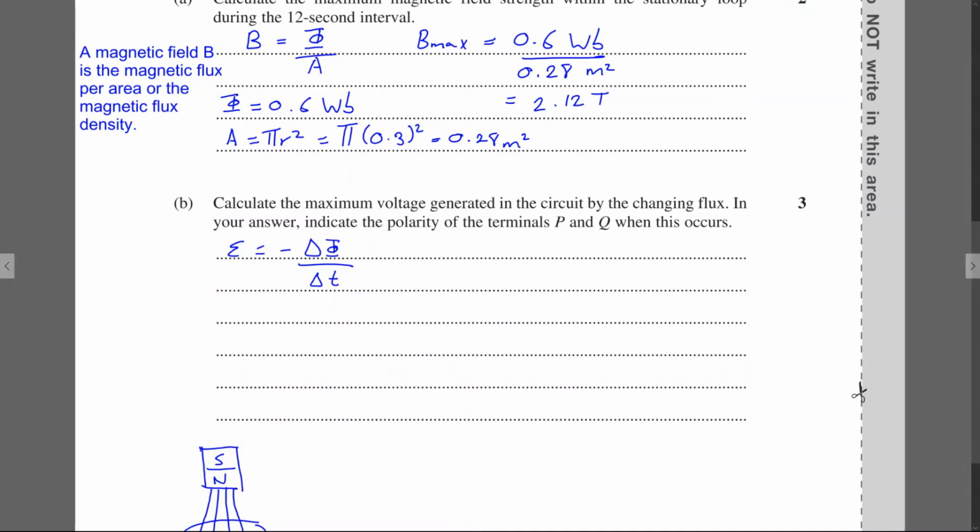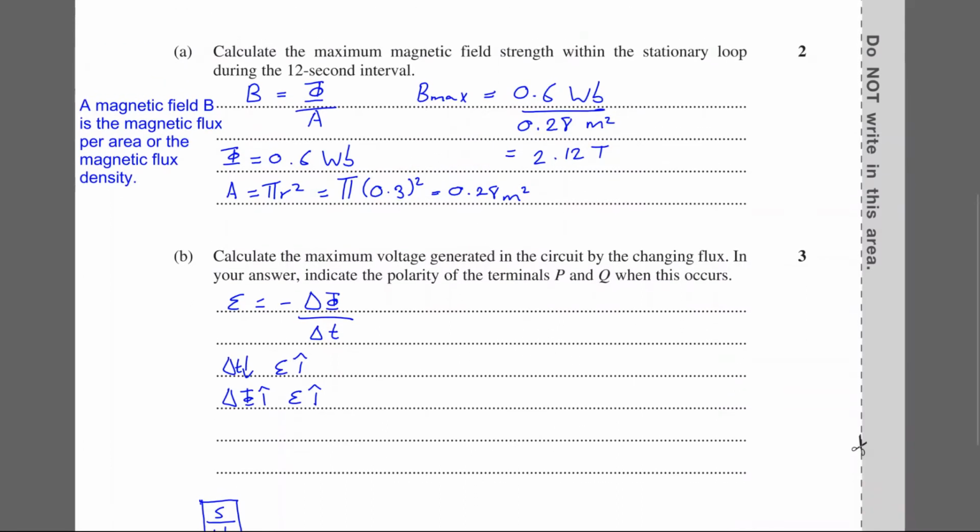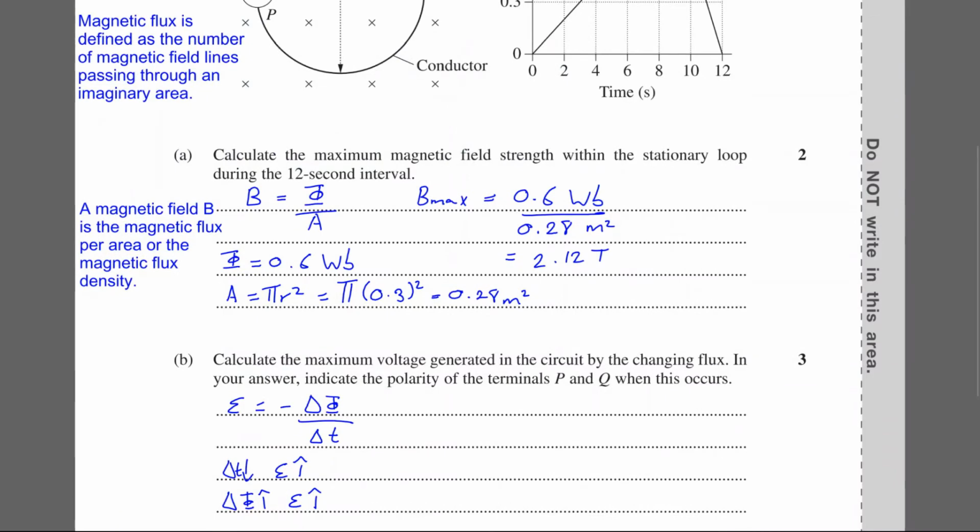If delta T is very small, that will make E very large. And if delta phi is very large, then E will also be very large. So we're looking for the point that has the smallest change in time and the largest change in flux.